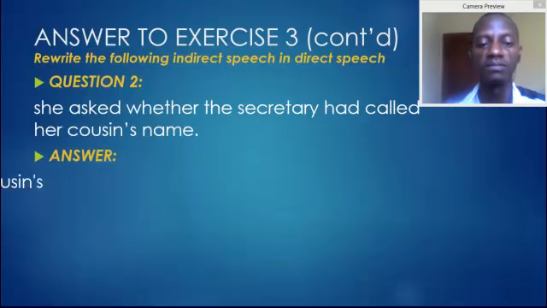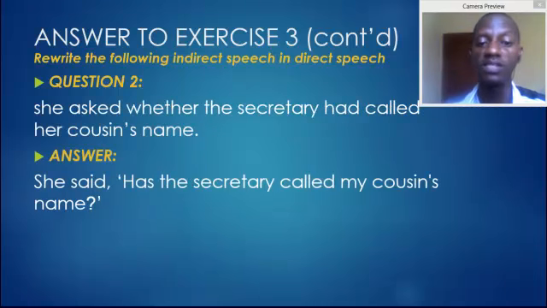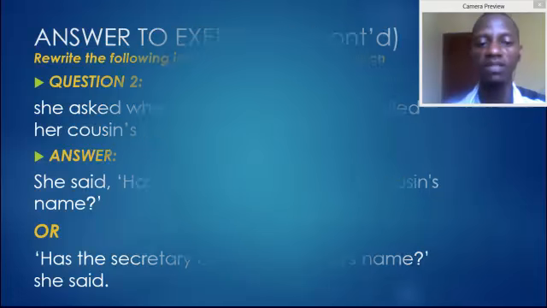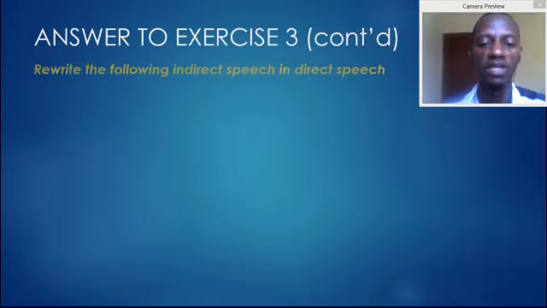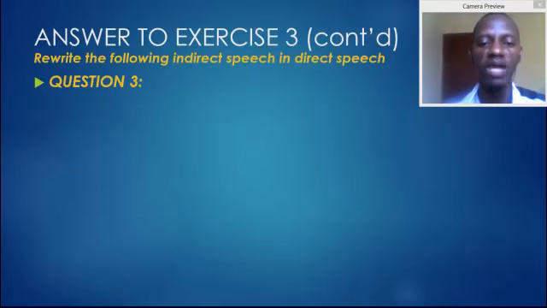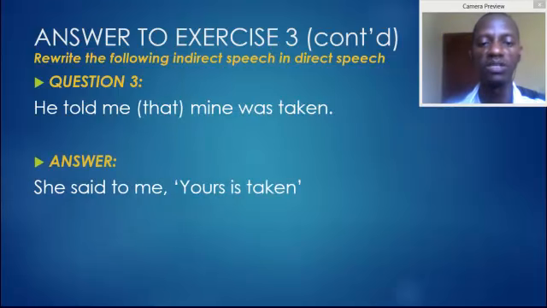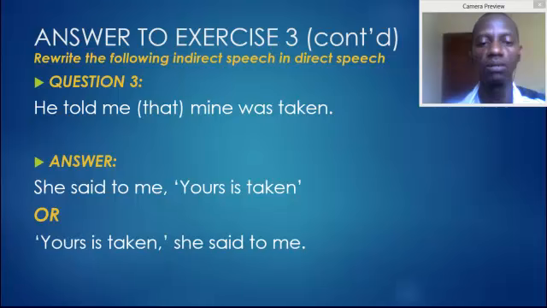Answer. She said, "Has the secretary called my cousin's name?" or "Has the secretary called my cousin's name?" she said. Number 3. He told me mine was taken. Answer. He told me, "Yours is taken," or "Yours is taken," he said to me.